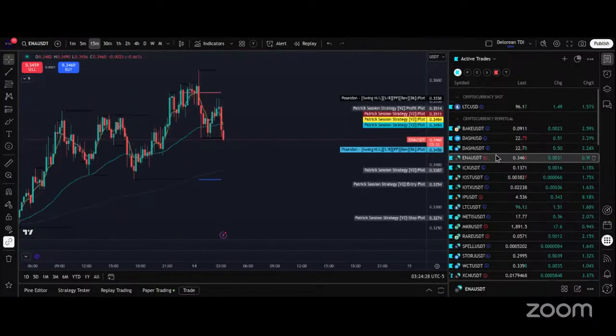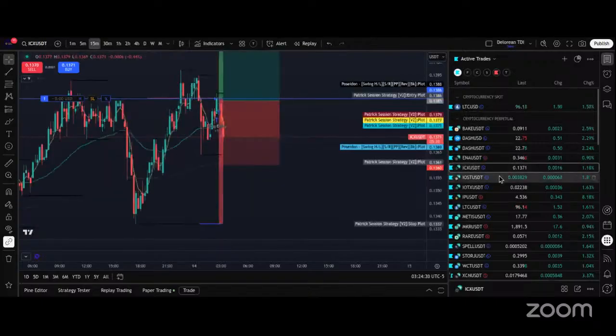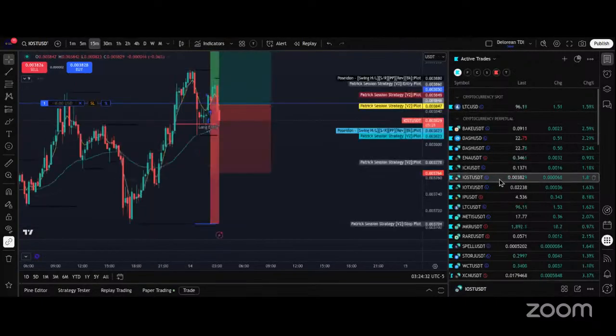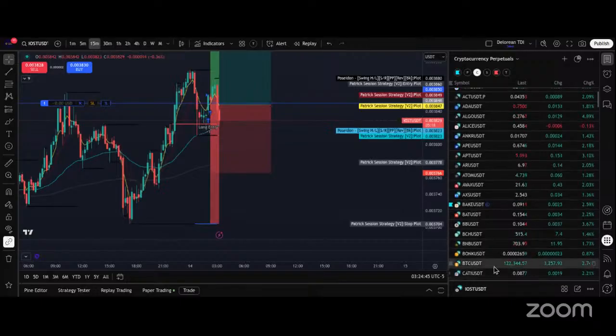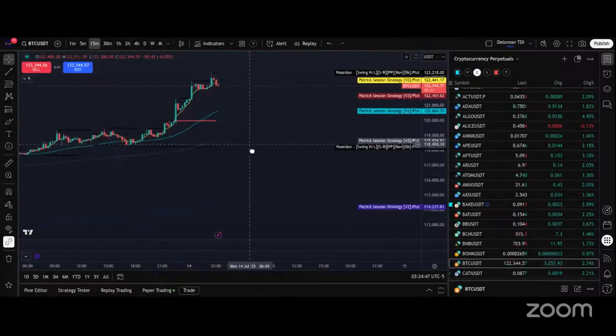Some retracement because Bitcoin has gone down a little bit. But all those trades are going to launch on us, which is fine by me. You trade with the trend.